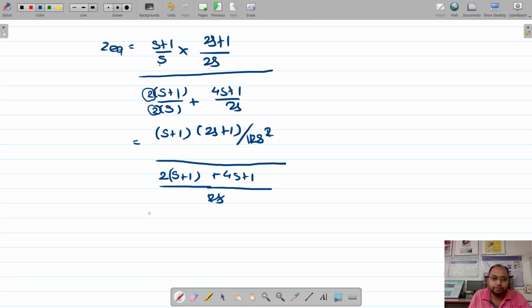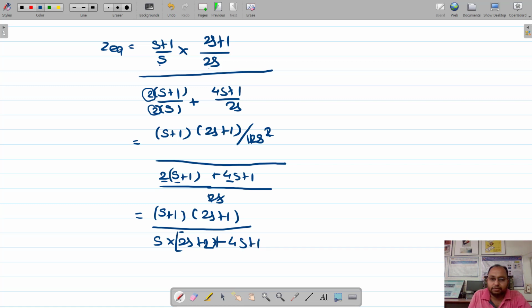So therefore s plus 1 into the bracket 2s plus 1 divided by s into, now this 2s, let me multiply by 2 inside this bracket, so 2s plus 1, and this is nothing but plus, so 2s plus 2, sorry, it is not 1, so 2s plus 2, we have multiplied by 2 inside this bracket, and let us add this, then 4s plus 1.